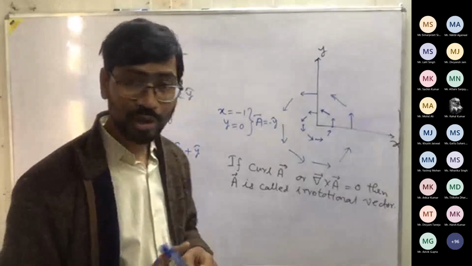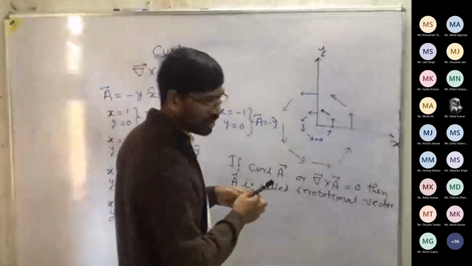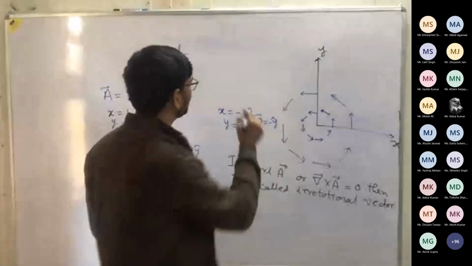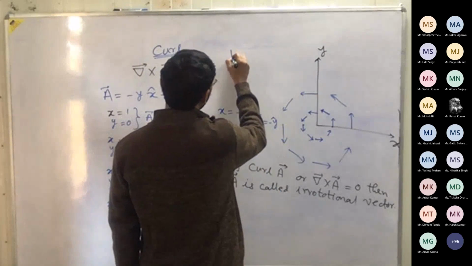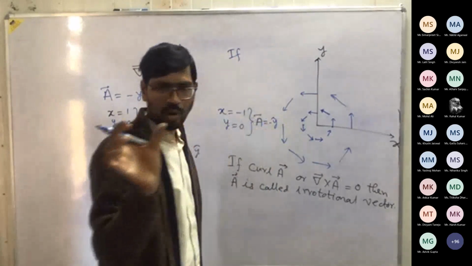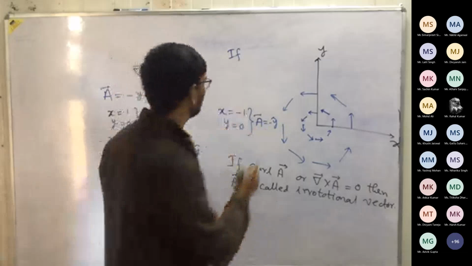Okay. By the way, I forgot one quantity when I was discussing divergence of A. Please add one small note when you're discussing the divergence.